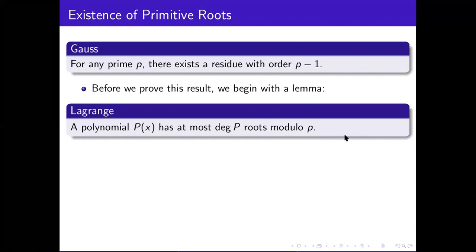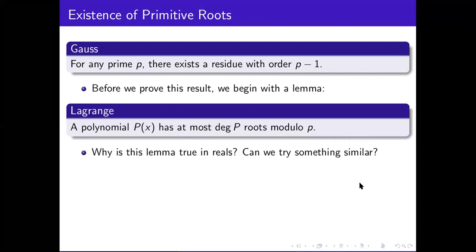This theorem intuitively makes sense because it's true for the reals. Can anybody tell me why it's true for the reals? Feel free to type in the chat. What I mean by true for the reals is just cross out the modulo p part.